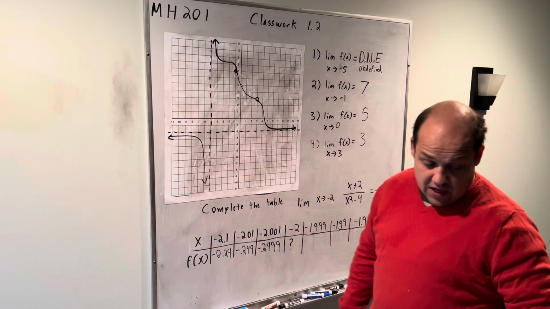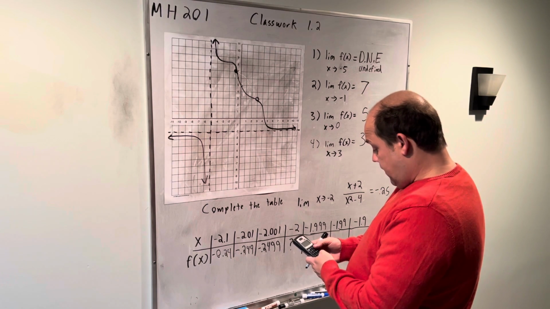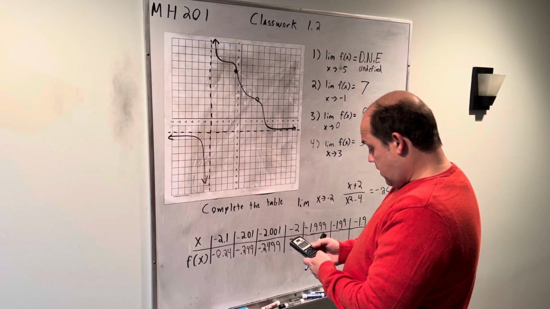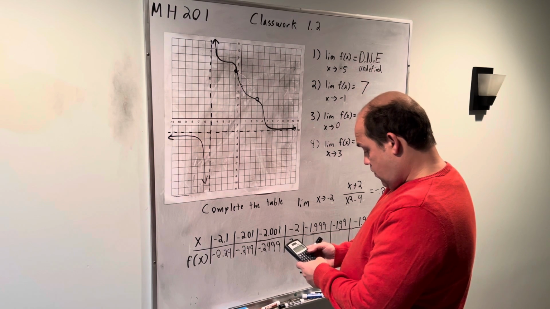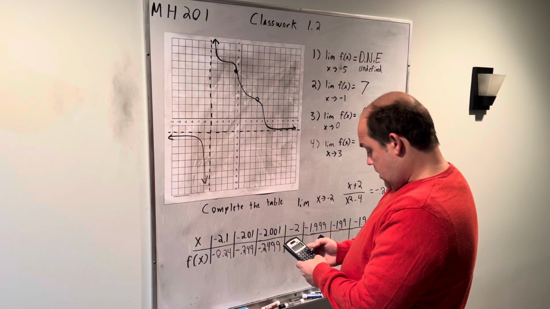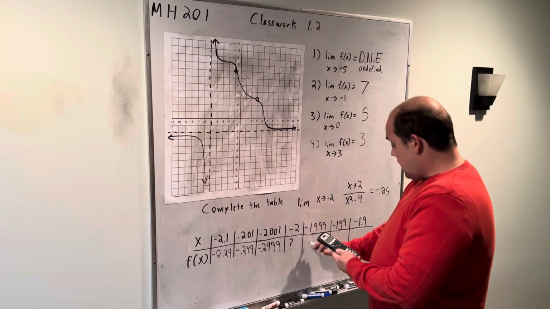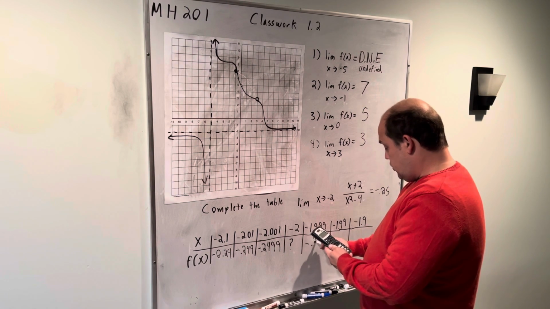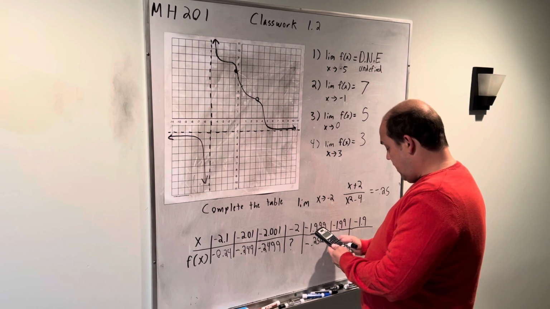I can see it from the other side by putting in negative 1.999. If I do that, at negative 1.999, it gives me negative 0.250065.